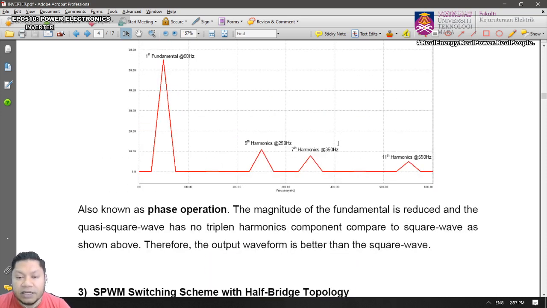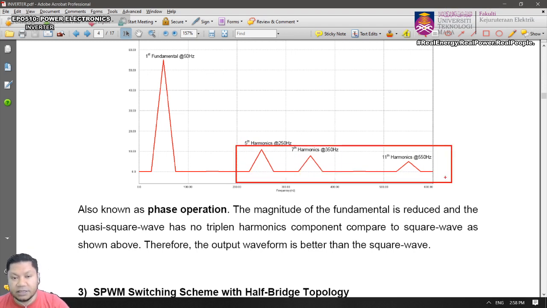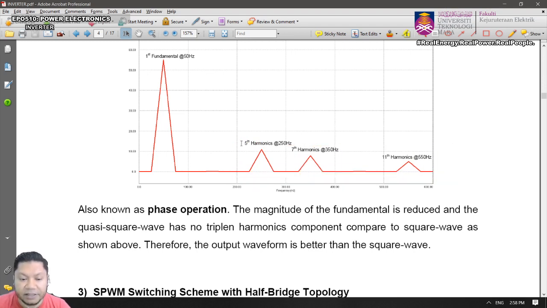However, if you look at the harmonics, they are lower, isn't it? If you measure, it's lower harmonics compared to the square waveform. So this is better. We can say that the output voltage here is better than the square waveform. So you can remove this and just leave the fundamental.